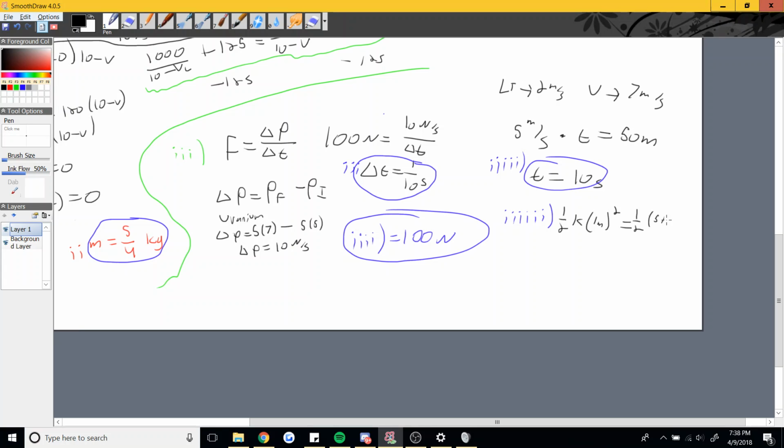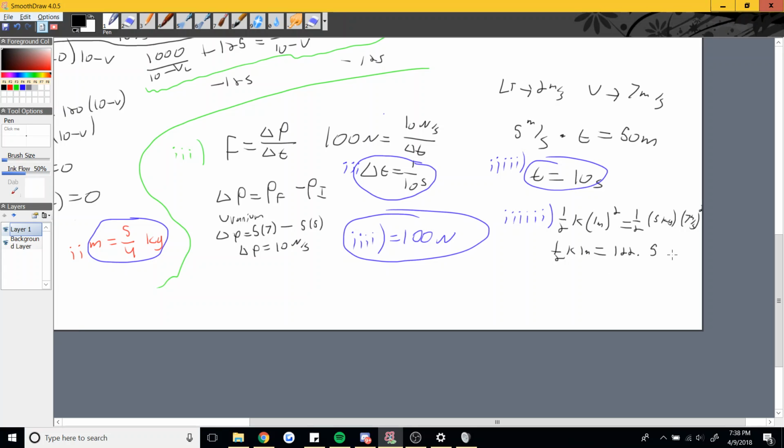We do that, 1/2 times 5 kilograms times 7 meters per second squared. We're going to simplify that one real quick. 1/2 K times 1 meter, 1 squared is 1, equals. Once you calculate all this out, you're going to get 122.5.